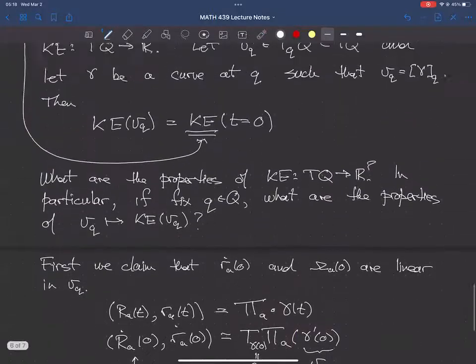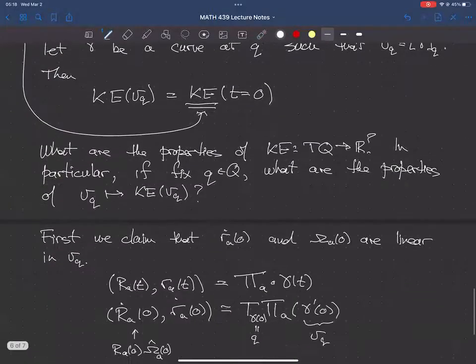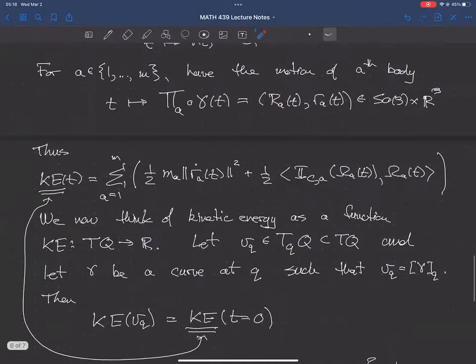Why did I express these as functions of VQ? Because in the expression for kinetic energy, we can understand very easily how the kinetic energy depends on little r(a) dot and omega. It depends on these velocities quadratically.